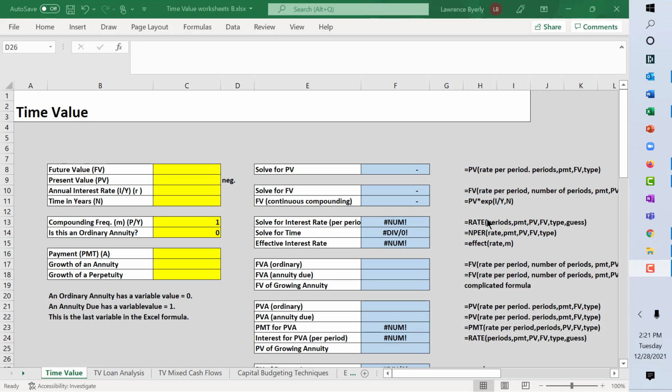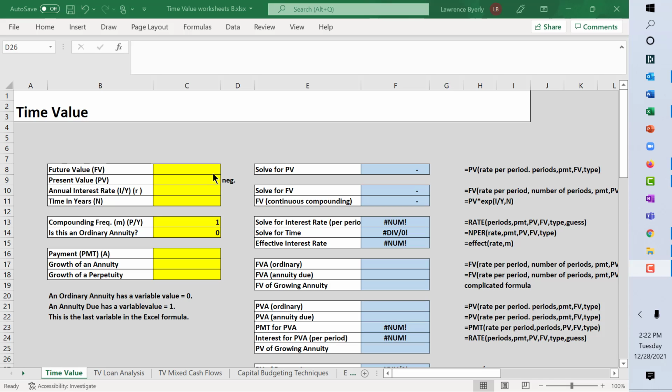What are you willing to pay for it today in order to get it in the future? It's kind of a strange concept, but the idea of time value is moving money forwards and backwards in time so we can analyze the solution to make business decisions.